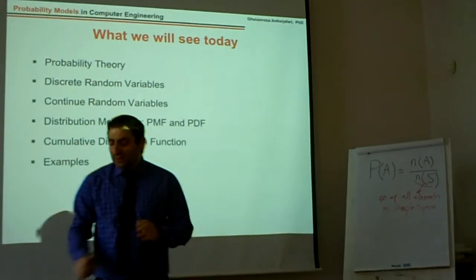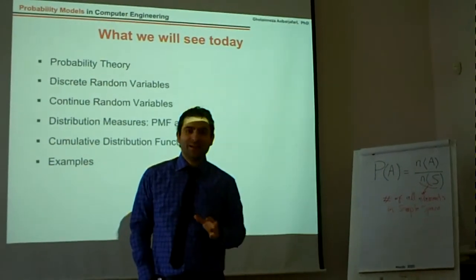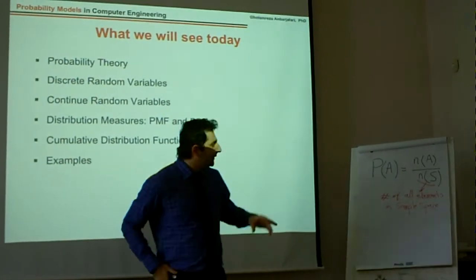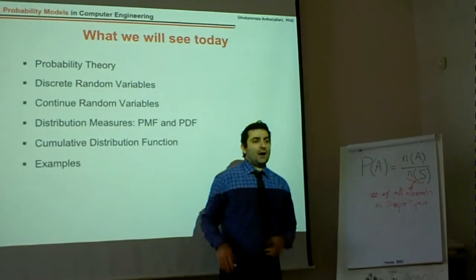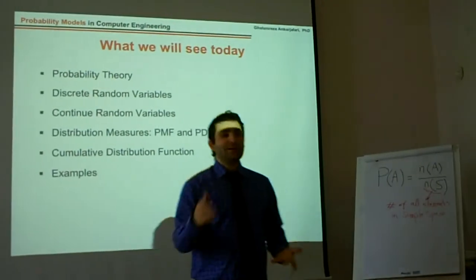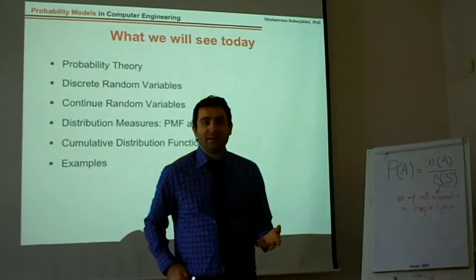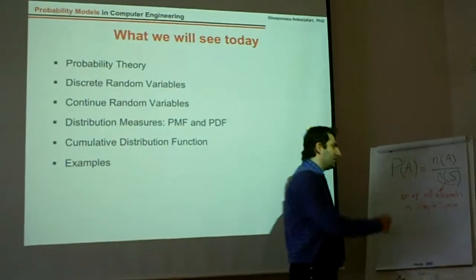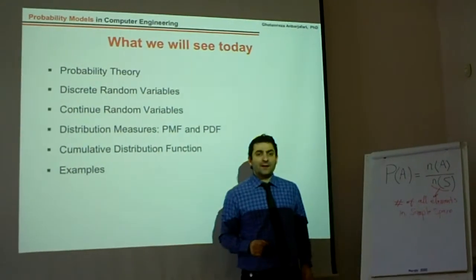Now, no matter how complicated the probability is, at the end of the day, this is a way to calculate the probability. I am sure you have seen so many integrals, so many summations in order to calculate some probability. But again, you can represent all of them by NA divided by NS.